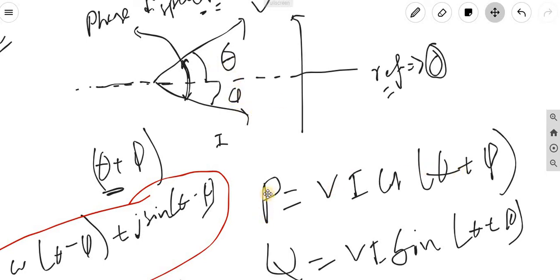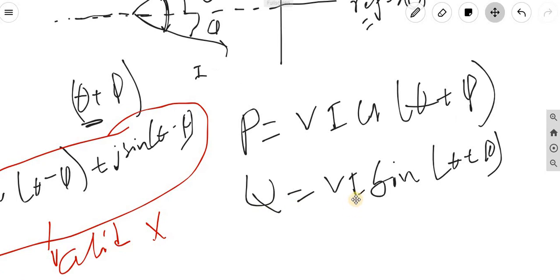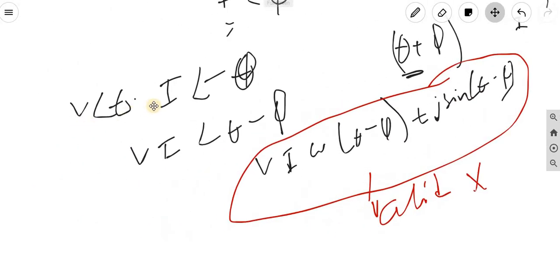The active power is Vi cos of theta plus phi and the reactive power is Vi sin of theta plus phi. So this expression is not valid if we simply multiply them.